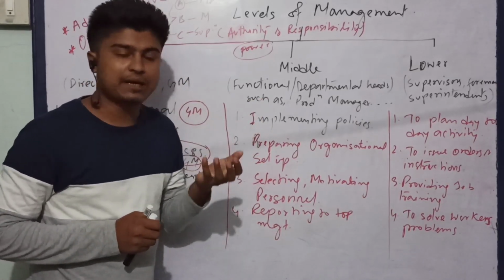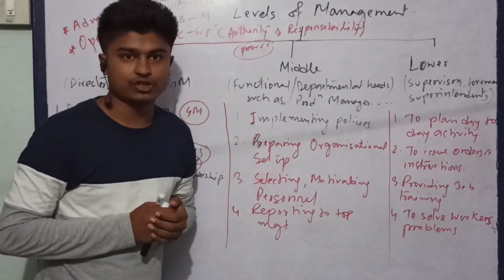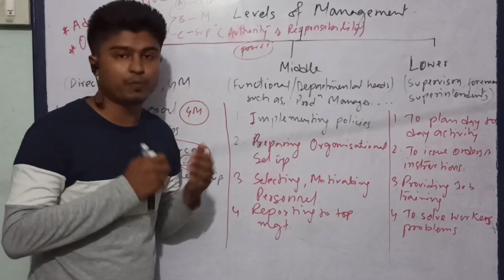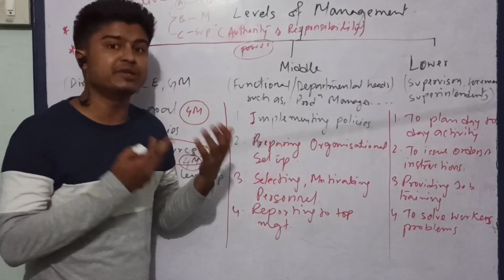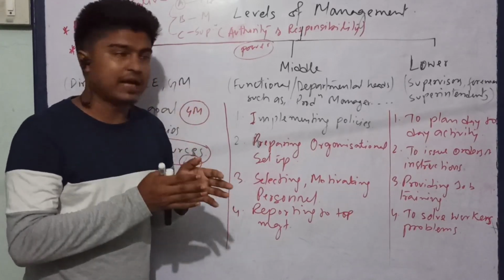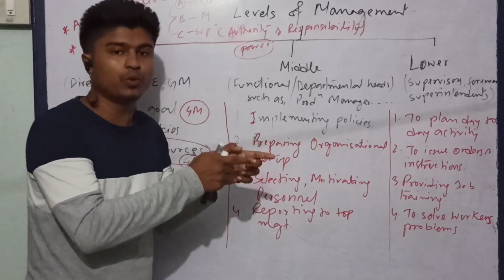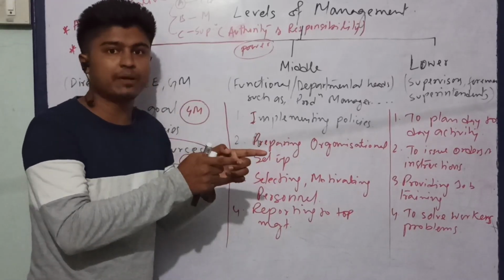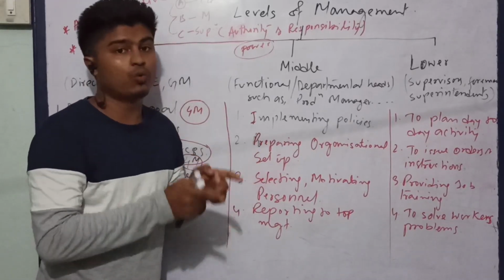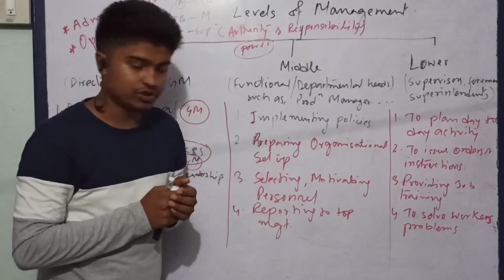Sometimes in the organization some workers may not work properly or may become demotivated. At that time, it is the duty of departmental heads to motivate those workers and encourage them to work for the organization, to work for achieving the organizational goal.